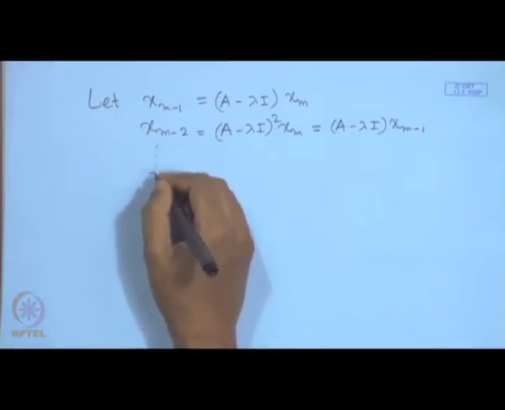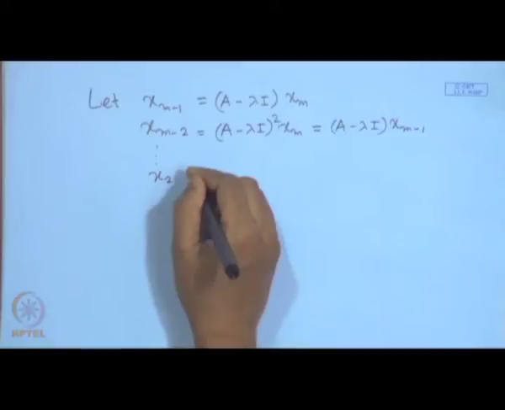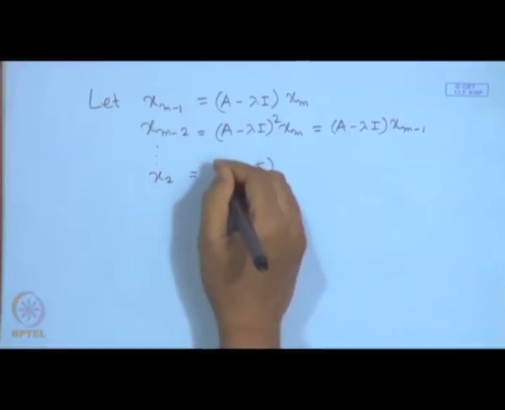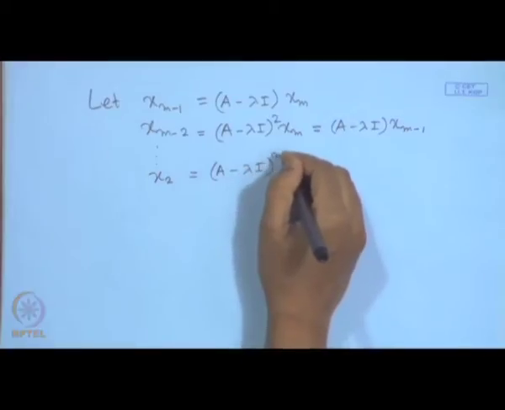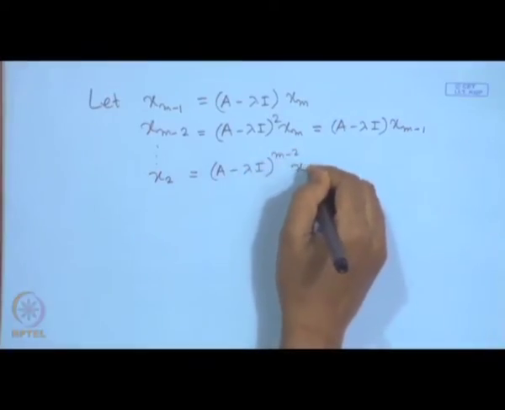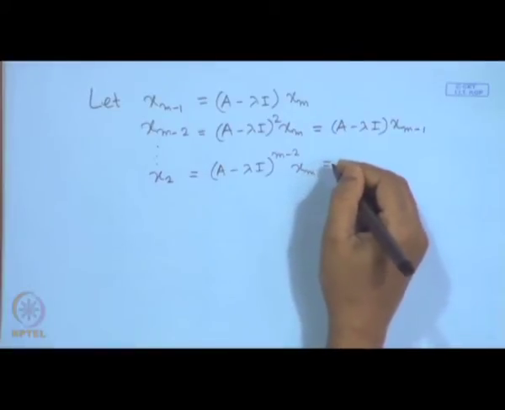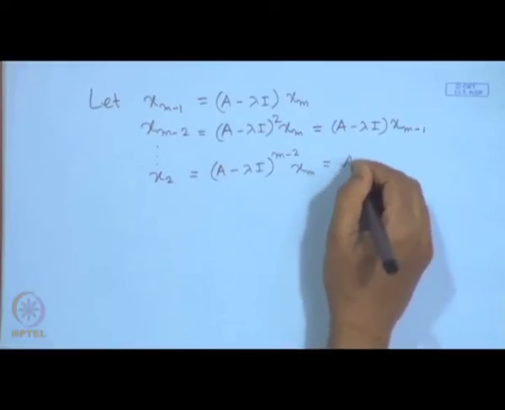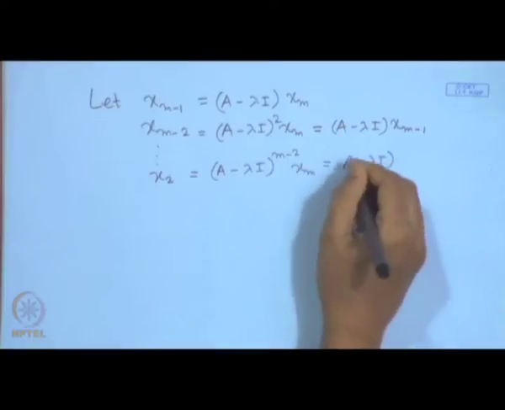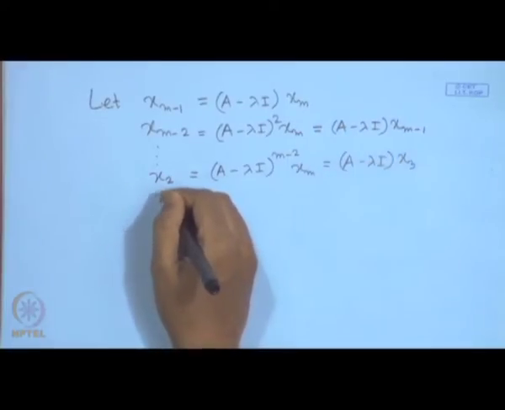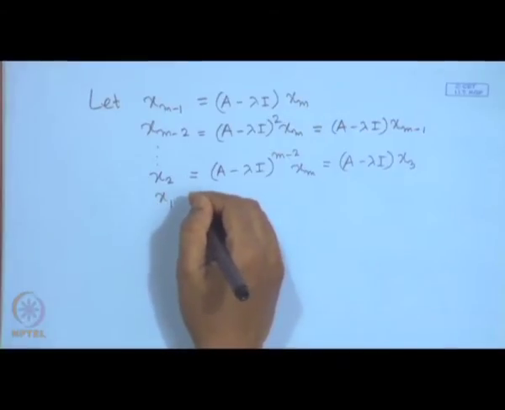In this fashion, we get x_2 = (A - λI)^{m-2} x_m, or this is equal to (A - λI) x_3, and finally we get this x_1.